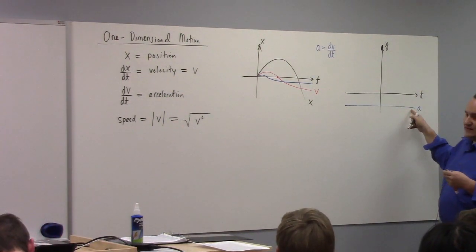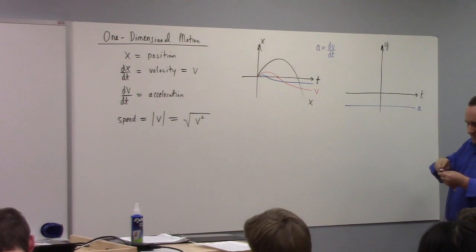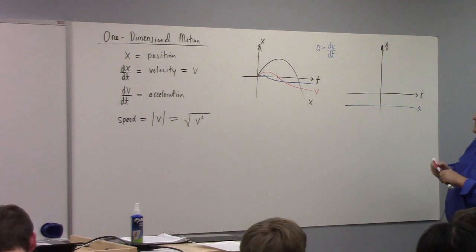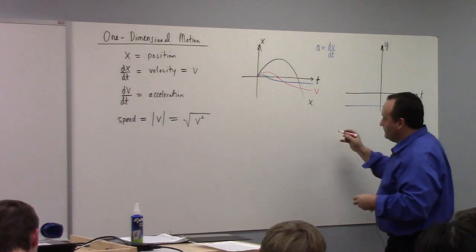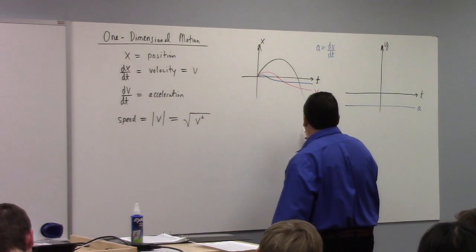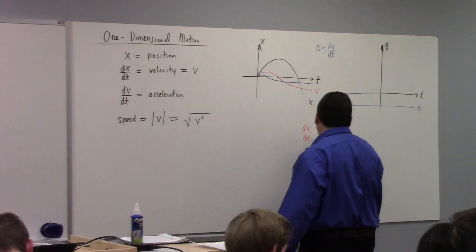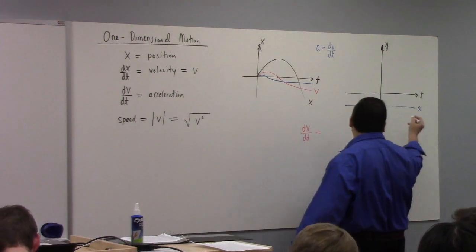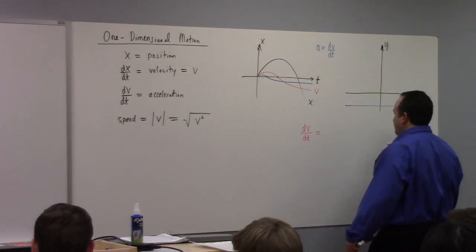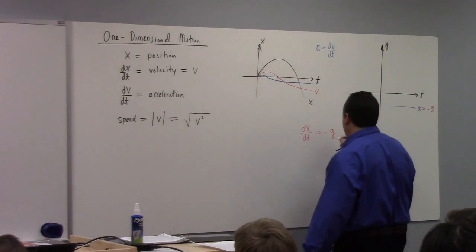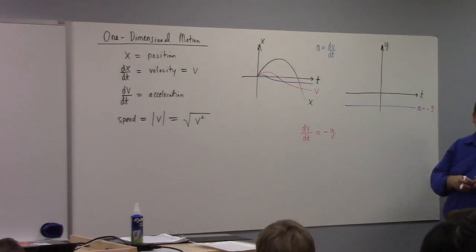So if the acceleration is constant, that means that the velocity is, well, let's work this out. Suppose that dv/dt is equal to, let's say this a is equal to minus g. dv/dt equals minus g.